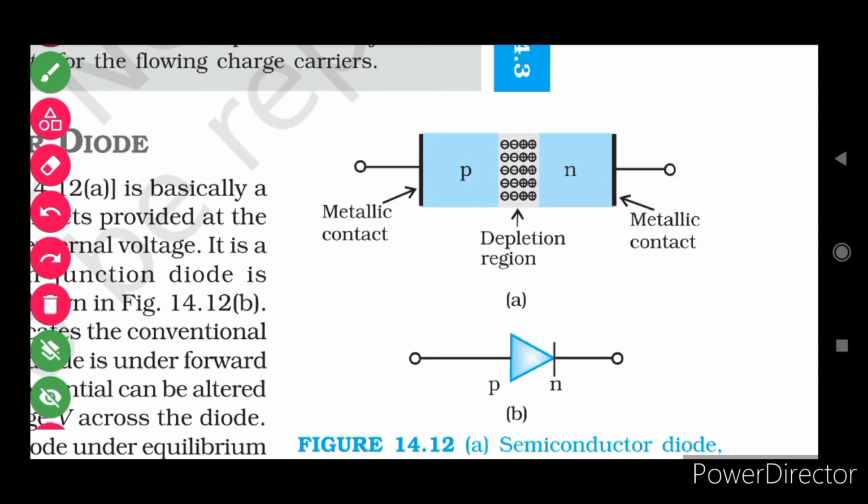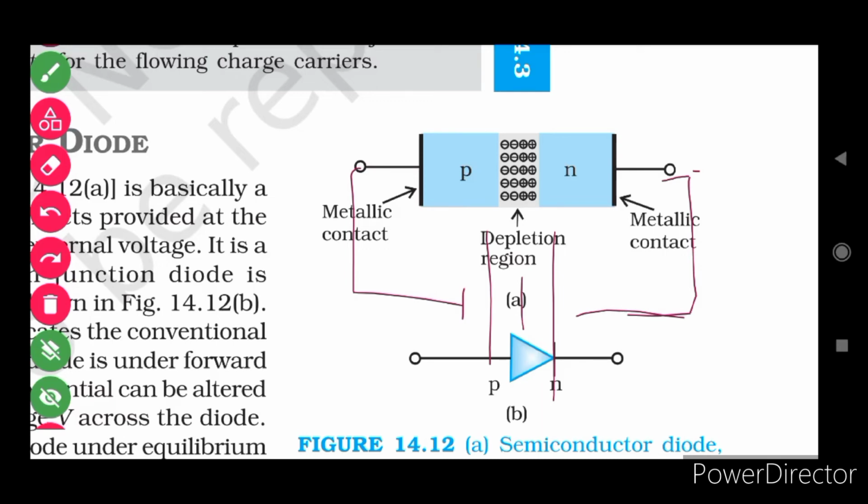While there is another condition in which we can connect the p type with the negative terminal and connect the positive electrode of the battery to the n type semiconductor, and this is the case of reverse biasing. So we have two biasing, and you know what biasing is. Biasing is simply connecting a diode with a battery.